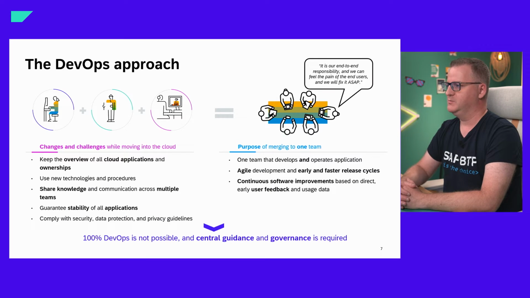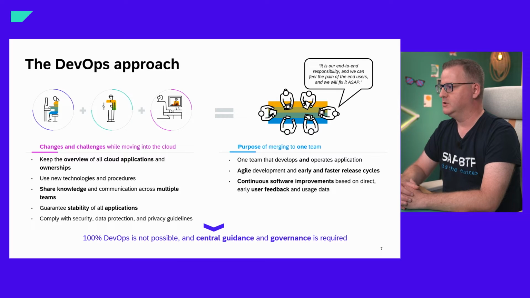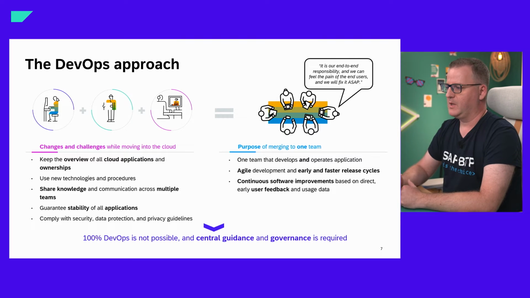That's why there was a move towards the so-called DevOps approach, which means bringing the different job types, roles, developers, support engineers, and infrastructure experts into one team together, who are then responsible for fully developing and operating their application. So having end-to-end responsibility within one team.